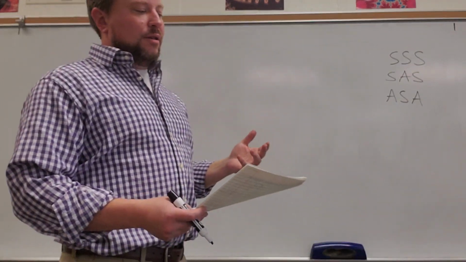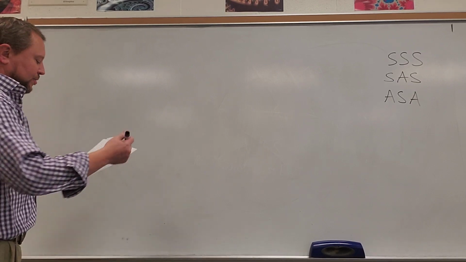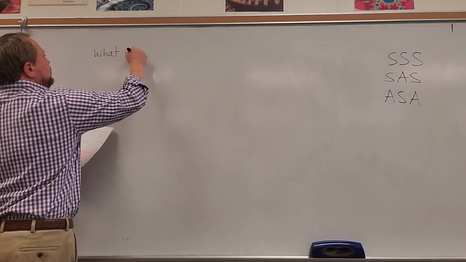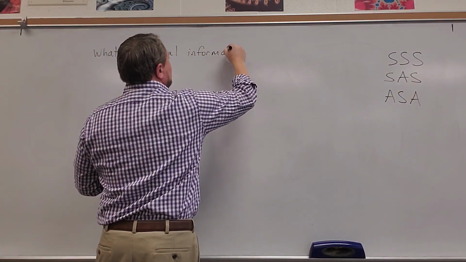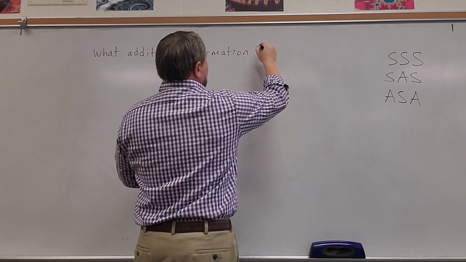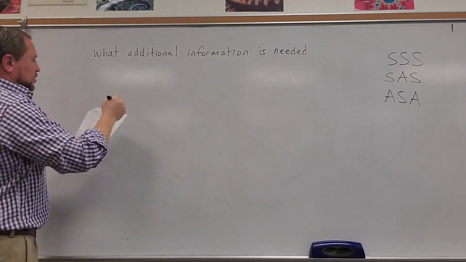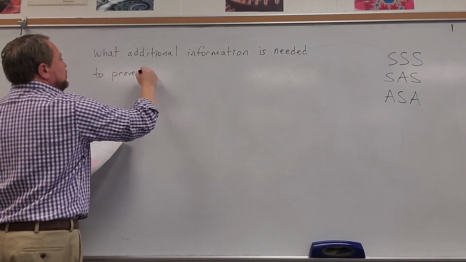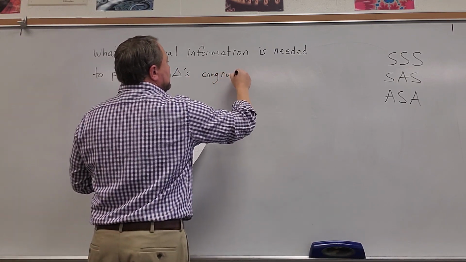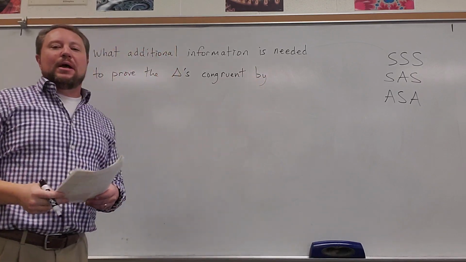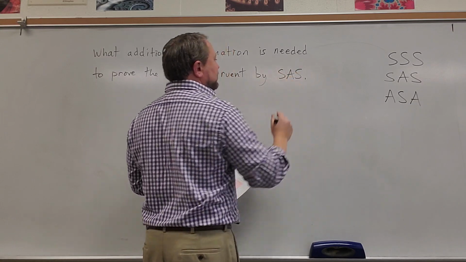One of the other types of problems I want to show you is a problem like this, where they might ask you, what additional information is needed to prove the triangles congruent, and then they'll give you a method, like they might say by SAS.